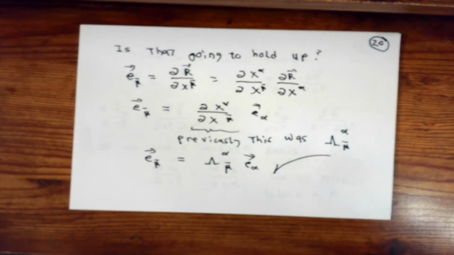If you want, you can show that all of our other formulas still work the same. So another way I can think about these basis vectors is they're just partial derivatives of the position with respect to one coordinate or another.